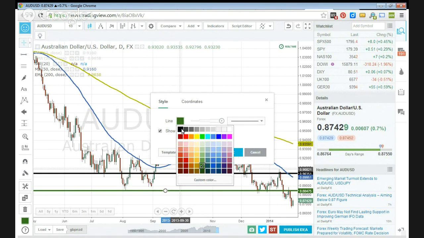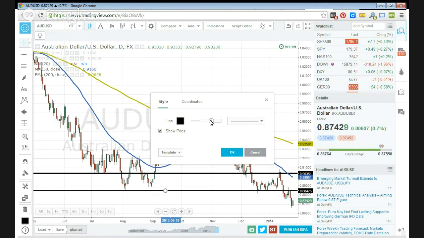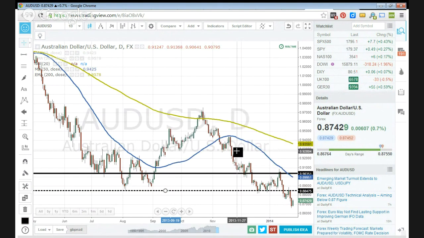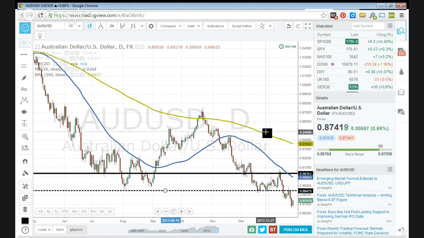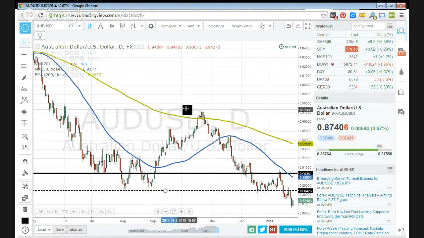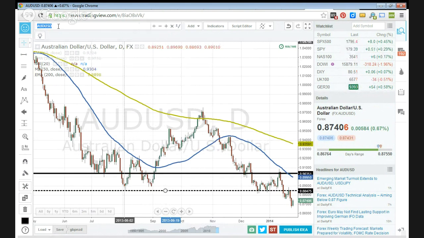We'll make it black, make it a little thinner, make it dashed. That'll be if price can rally about 100 pips. Might be an interesting level to consider shorting at. 89.95 or 90 is a much better level, but we'll evaluate if it can at least reach 88.48. This is clearly a downtrend though, so looking to short. That's about it for the Australian dollar.